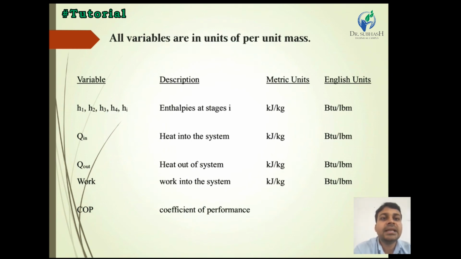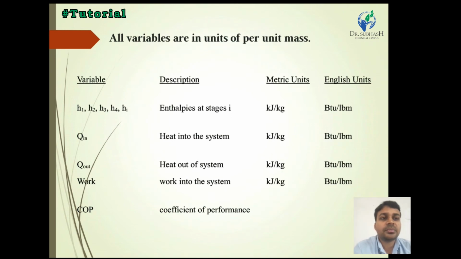Q in is heat into the system, in kilojoule per kg. Q out is heat out from the system, in kilojoule per kg. Work is work into the system, in kilojoule per kg. COP is the coefficient of performance. Q in means the heat absorbed by the evaporator, meaning we absorb heat from the enclosed space.